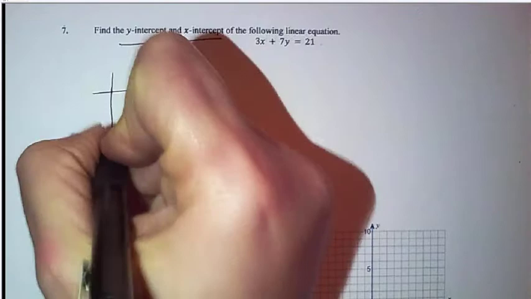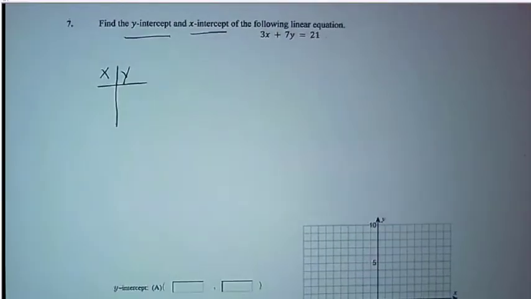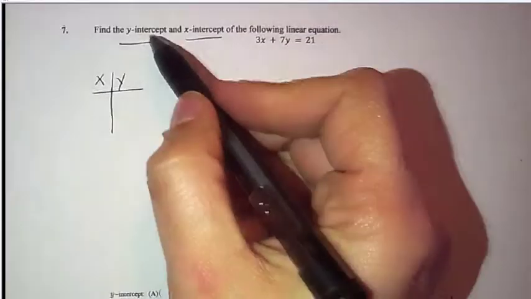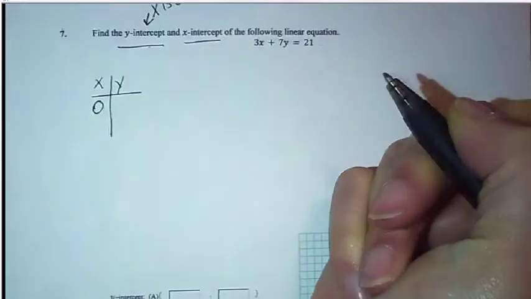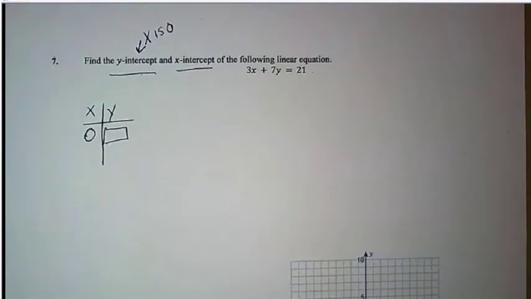And I'm still going to make my chart like I did in the previous type of problems where we were finding any 2 points. I just don't get to pick this time, okay? I want specifically to find the y-intercept, and I want to specifically find the x-intercept. So again, when I look at the y-intercept, I know that x is 0. So I'm going to put a 0 here for my x, and I'm going to figure out what my y value is from plugging that into my equation.